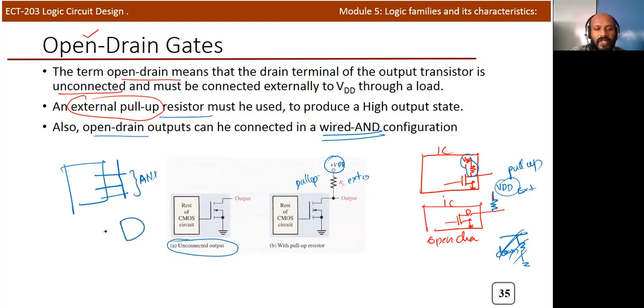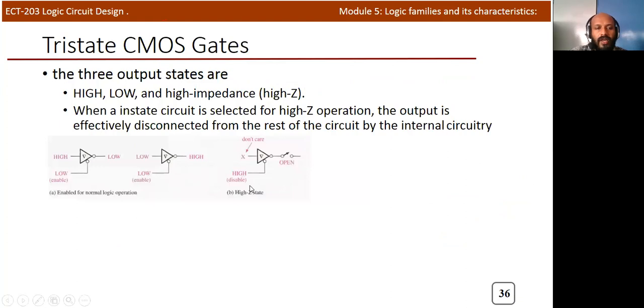We don't require any extra AND gate at this point. Simply if you short wires at the output side of the open drain configuration, it will act as a wired AND gate. Okay. Another configuration of CMOS logic family is the tri-state CMOS gate configuration.